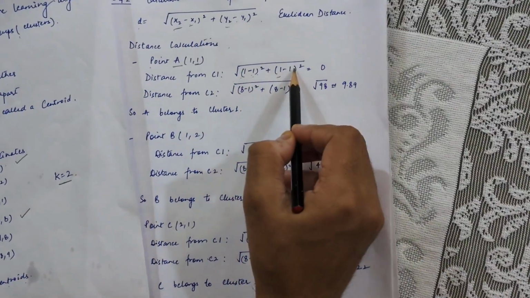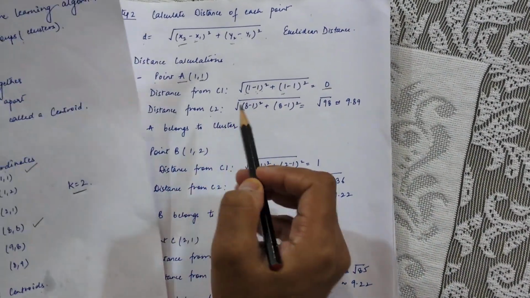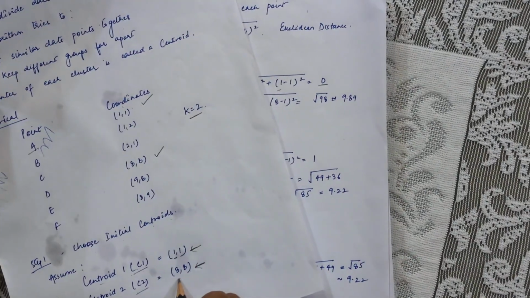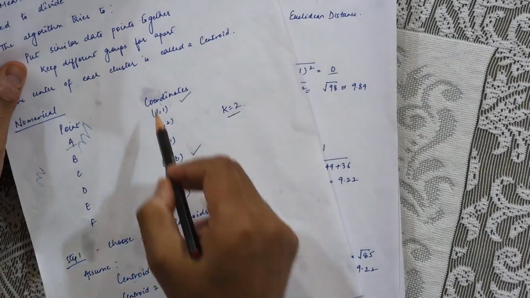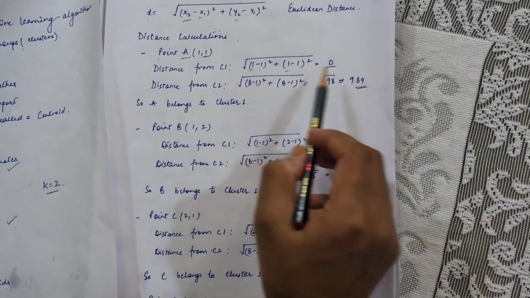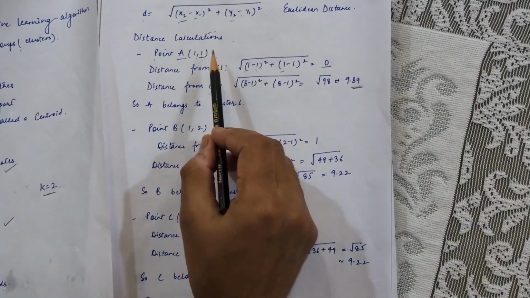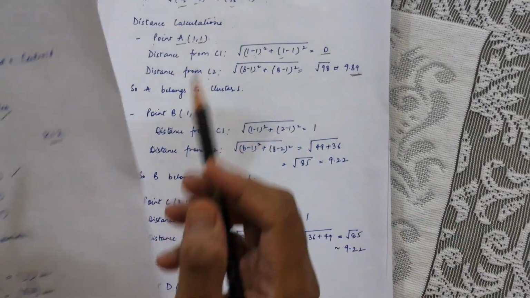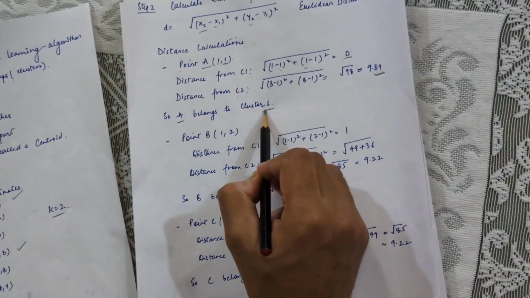So (1 minus 1) square plus (1 minus 1) square will be 0. Similarly, we'll do it for centroid C2: (8 minus 1) square plus (8 minus 1) square, which comes out to be 9.89. If you compare 0 and 9.89, point A is obviously nearer to centroid C1, which is (1, 1). Hence you write A belongs to cluster 1.